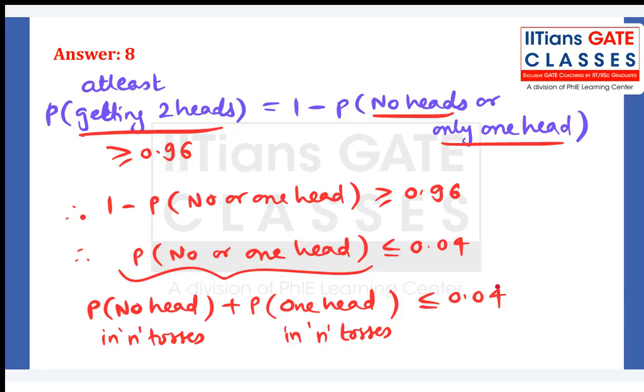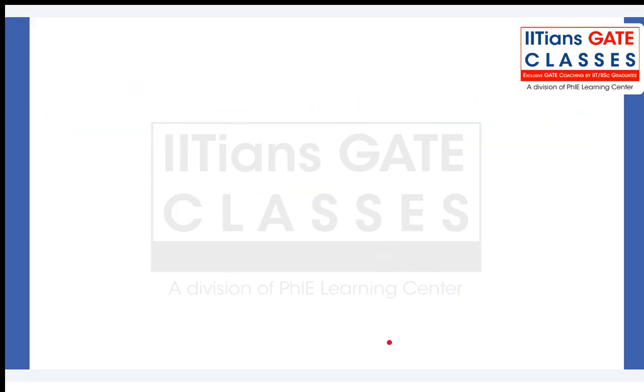Now we'll try to find each and every term like this. And you can use the binomial random variable for modeling this process, because the binomial random variable is used to model the number of successes in n independent Bernoulli trials, each with probability of success a.